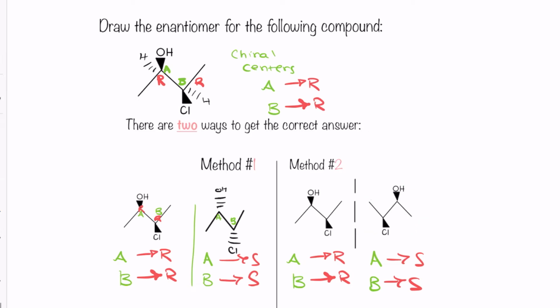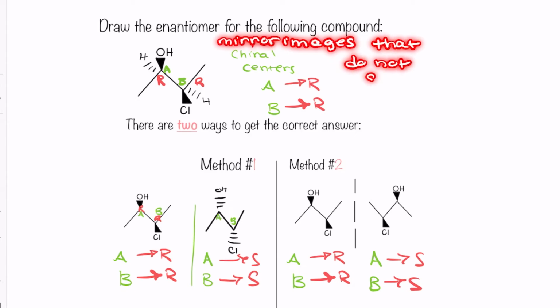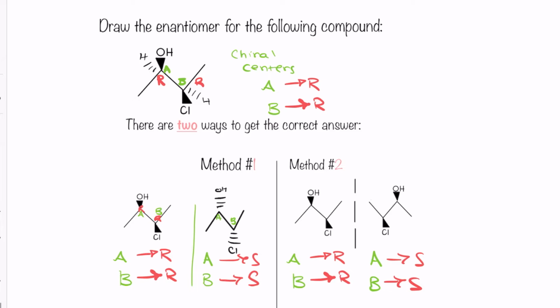So as a recap, enantiomers are mirror images that do not superimpose or overlap, as in this case. And you might be like, whoa, hold up, aren't these two enantiomers?